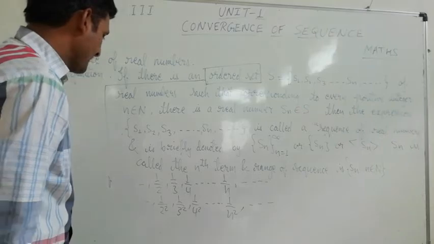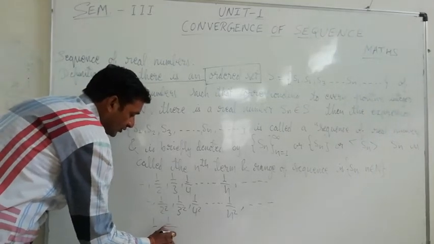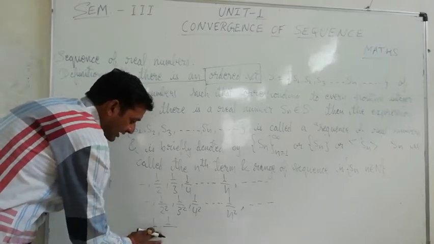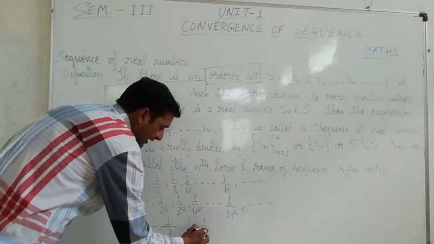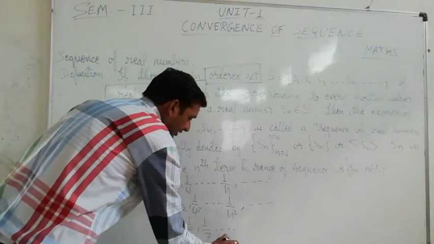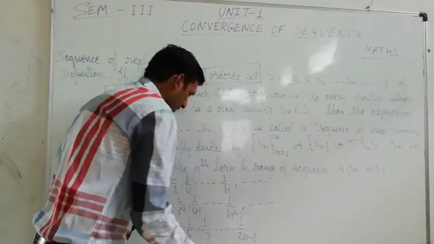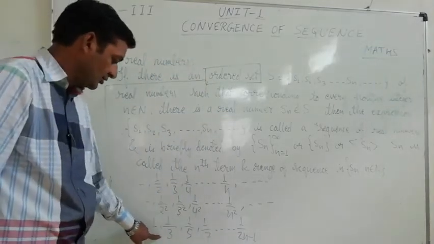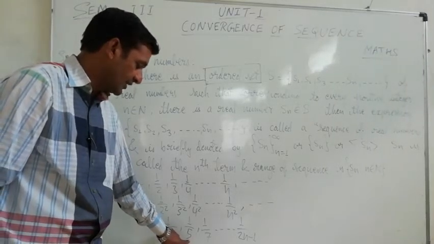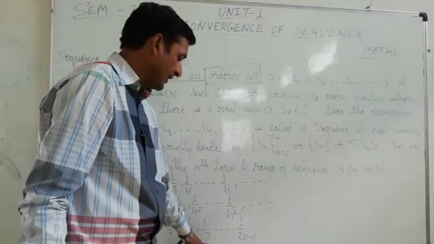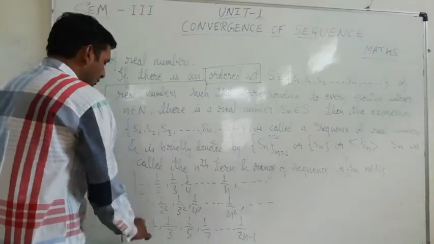We may also write 1, 1 upon 3, 1 upon 5, 1 upon 7, because there is a difference of 2. That is 1 upon 2n minus 1: for n = 1, 2 minus 1 is 1; for n = 2, 4 minus 1 is 3; for n = 3, 6 minus 1 is 5; for n = 4, 8 minus 1 is 7. So these are all examples of a sequence.